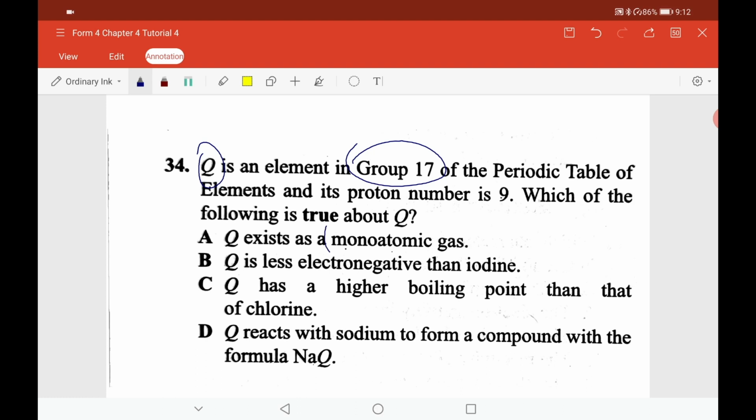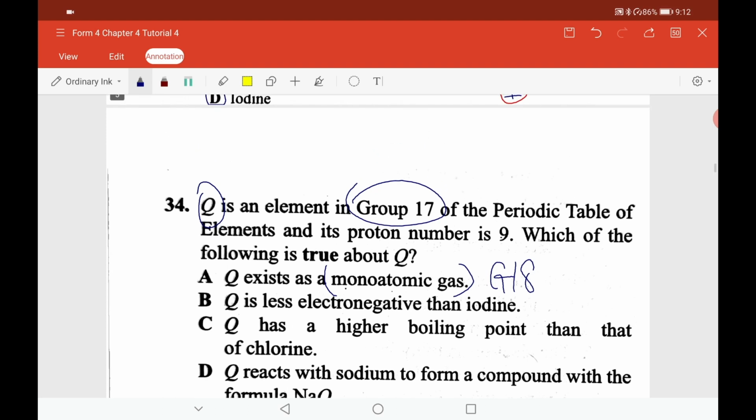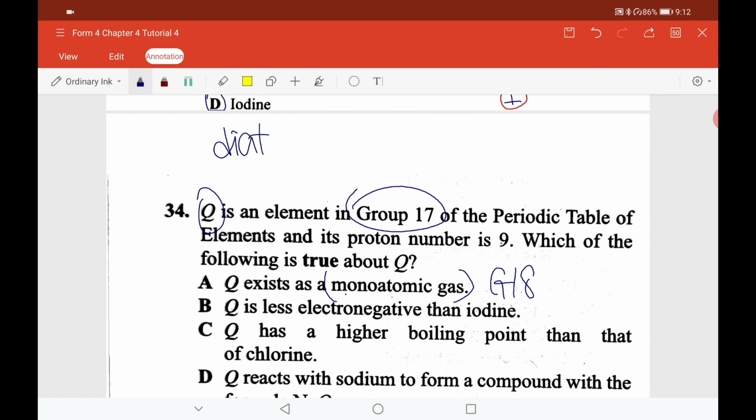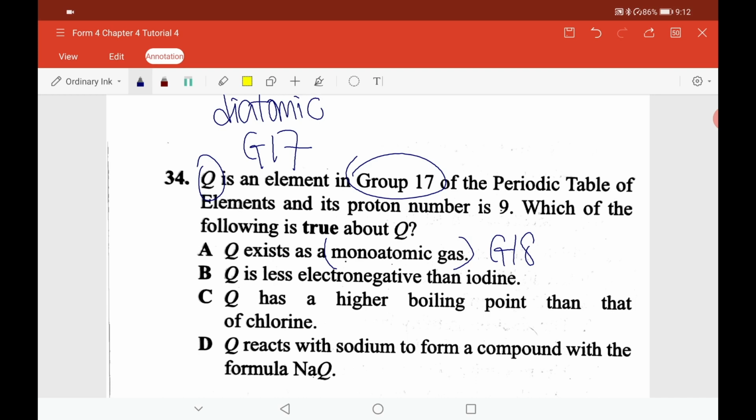When you see the word monoatomic, it refers to group 18. When you see the word diatomic, it is group 17. So you have to be very, very careful. These are some keywords that you need to know.